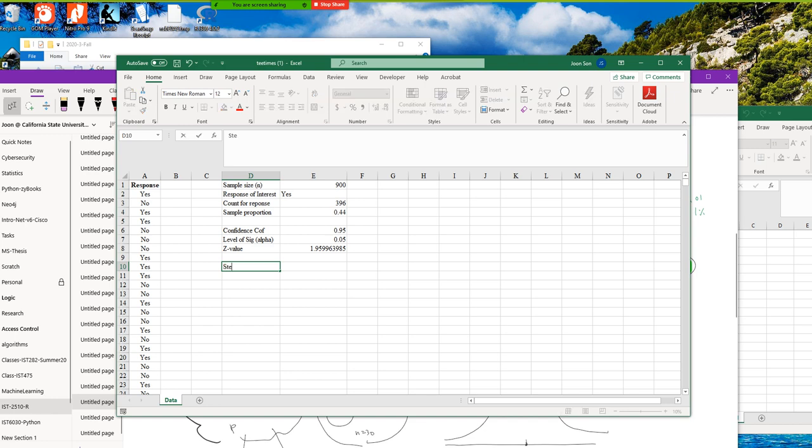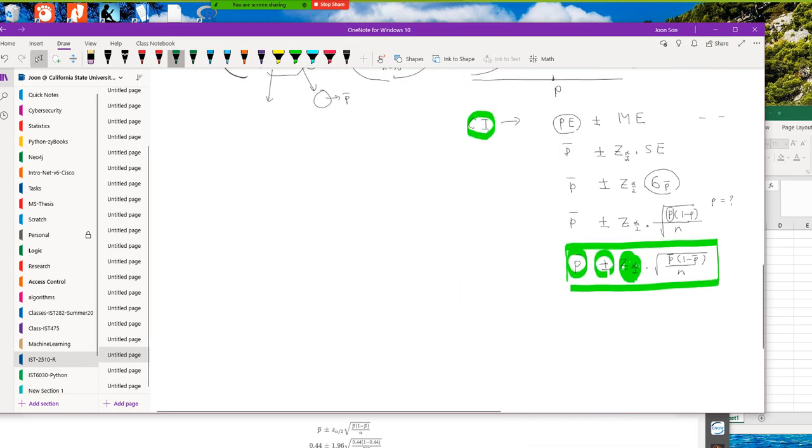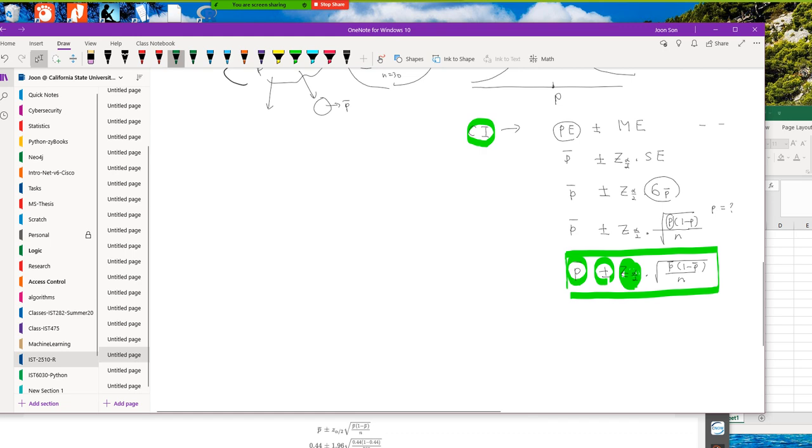Now we need to find the standard error. So this is the standard error, and then the whole thing is the marginal error.